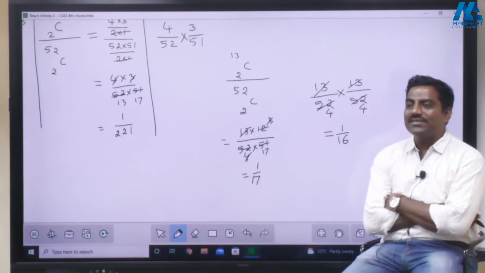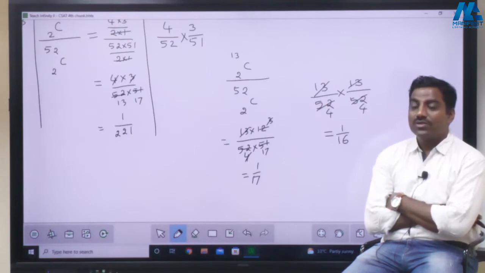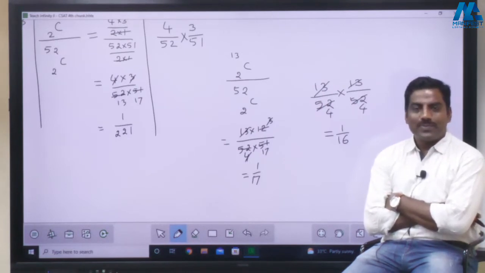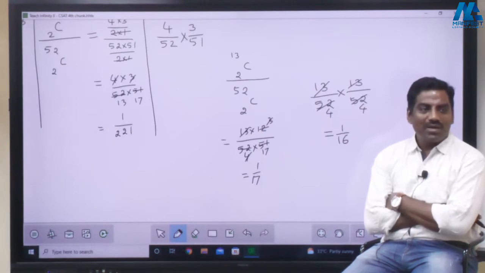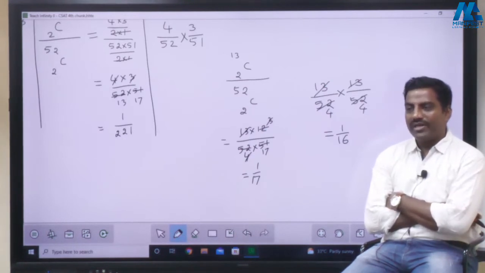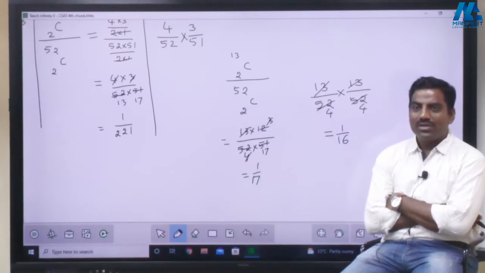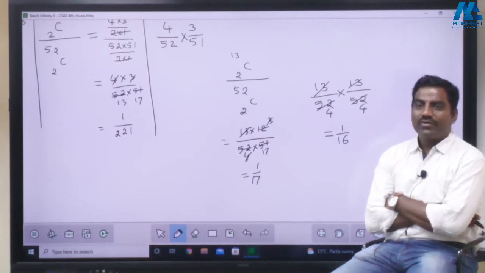Totally, how many black cards? 26. How many kings? 4. How many common cards? Because 2 kings will be black. The king of spades will be black, the king of clubs will be black. So 26 plus 4 minus 2, 28. So in the denominator we will write 52C2 and in the numerator we will write 28C2.